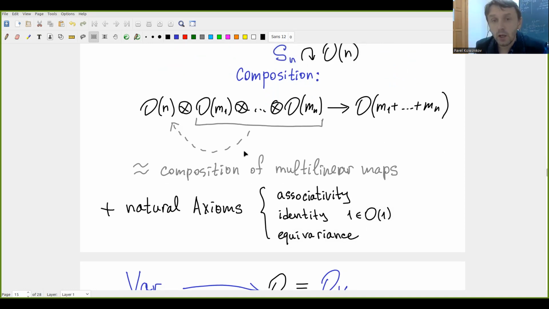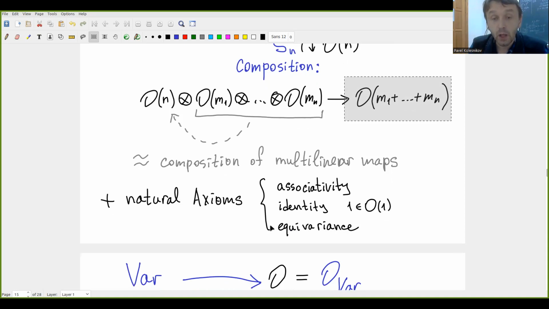Roughly speaking, if you permute arguments here, the symmetric group action acts like permutation of arguments on multilinear maps. If you permute arguments here and also here, that would be a certain permutation of arguments from here. That's all about equivariance. These axioms are very natural.